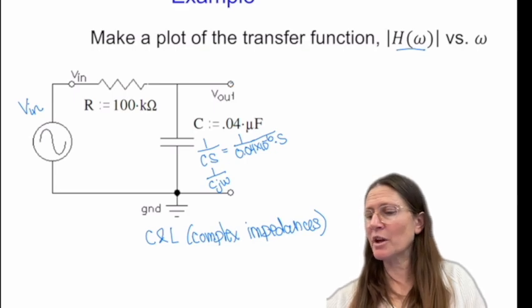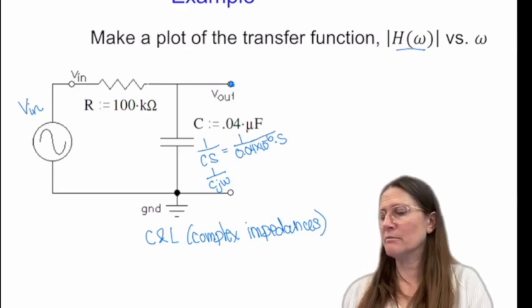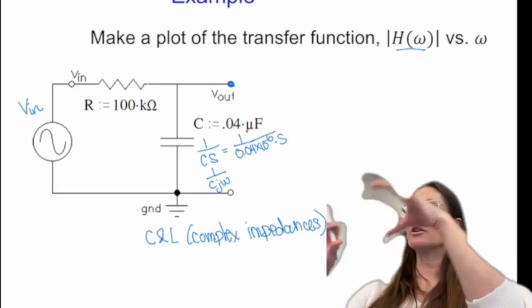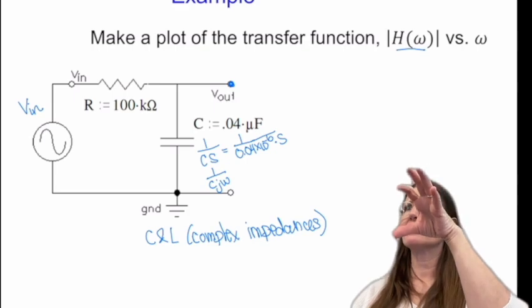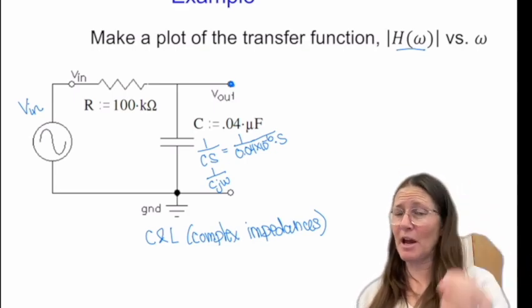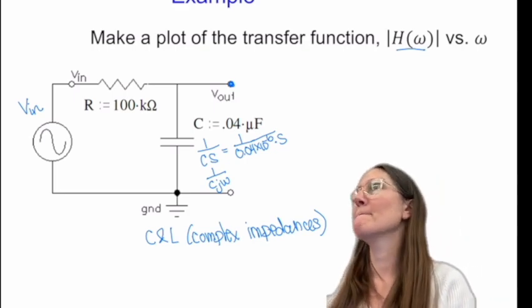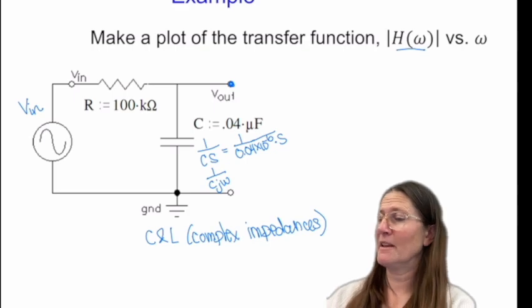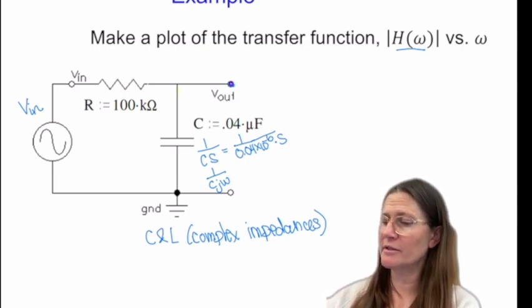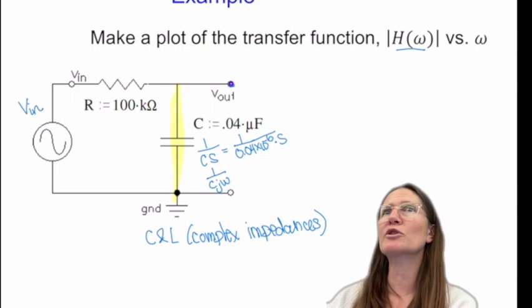All right, so we want an equation for Vout. Thinking about the capacitor as a resistance here, or impedance, do we know how to find an equation for Vout? Okay, good. Voltage divider. We want the voltage across here to ground, so that's the voltage across the capacitor.